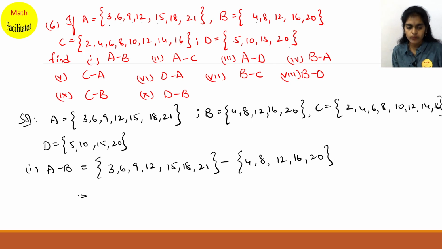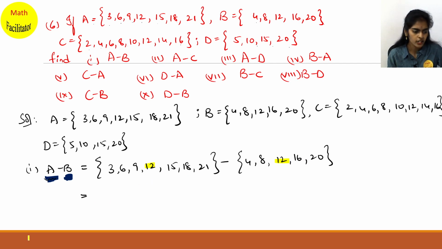Now what you will do is consider only the set A. From the set A you will subtract all the elements of B. That means you will take the common elements from these two sets and subtract them. So what are the common elements here? 12 is common, and that's it.